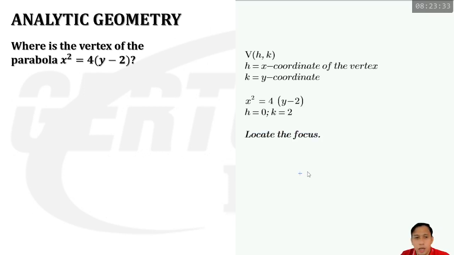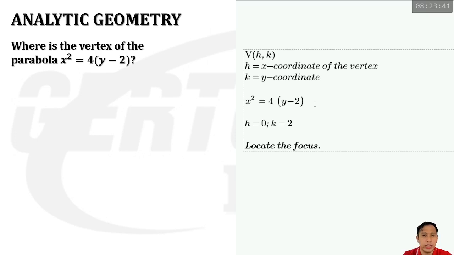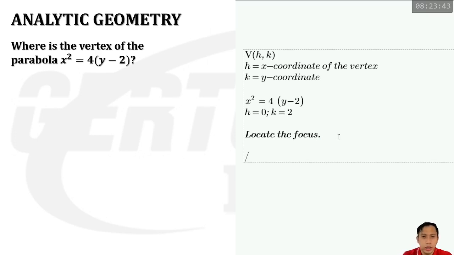Paano yan? Well, take note na yung p dito, kasi di ba, if we're to write that in standard form, the standard form is x minus h squared equal to plus or minus 4p times y minus k, diba?